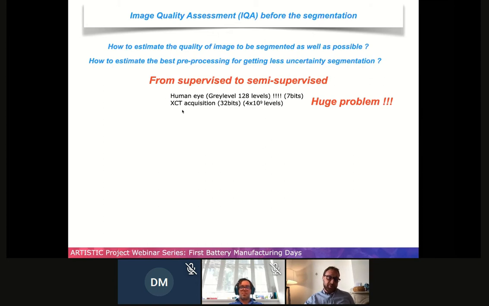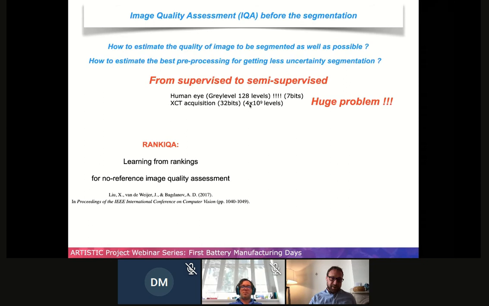If you compare to the camera we use for X-ray imaging, we use 4 billion gray levels. So you have amazing image quality, and finally you ask human eyes to qualify or label this image. This is totally unbelievable.